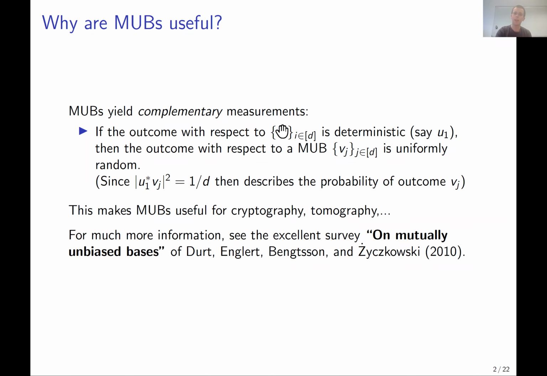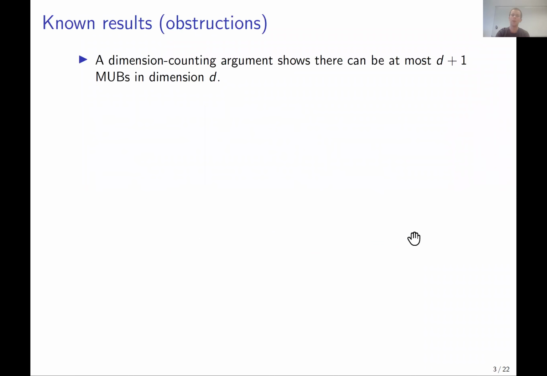So if you prepare a state in, let's say, a first basis, and you measure it with respect to a mutually unbiased basis, you get a random outcome. So that's a nice property. And they're also useful for many other tasks, for which I would like to just refer to this very nice survey.